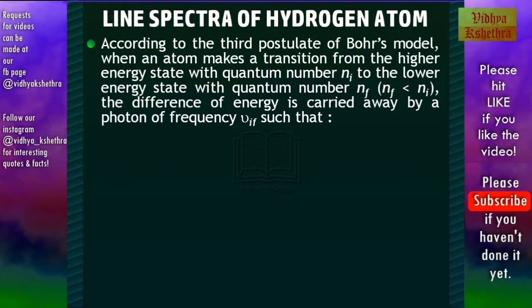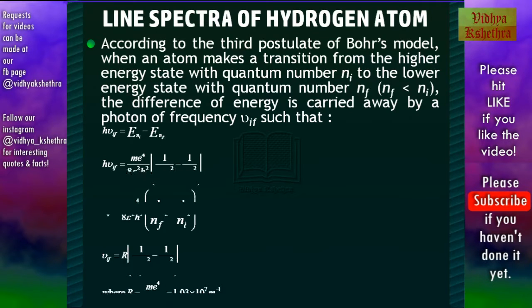Now according to the third postulate of Bohr's model, when an atom makes a transition from a higher energy state with quantum number ni to the lower energy state with quantum number nf, the difference in energy is carried away by a photon of frequency nu_if, such that we can write h nu_if is equal to E_ni minus E_nf, where E_ni and E_nf are the energies at those states.